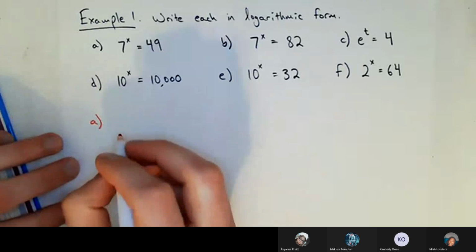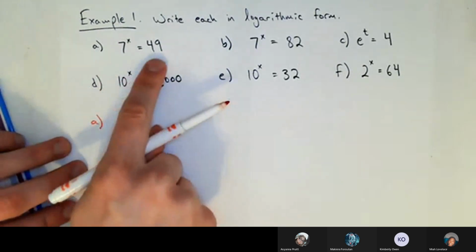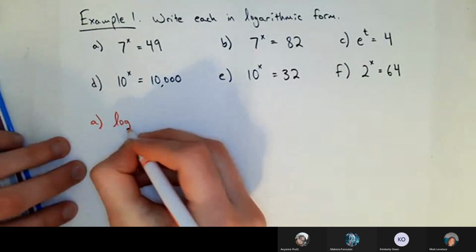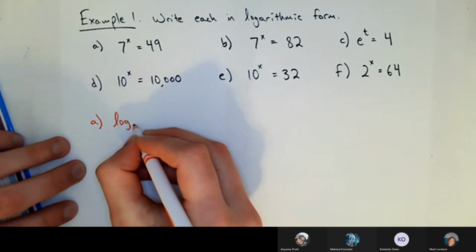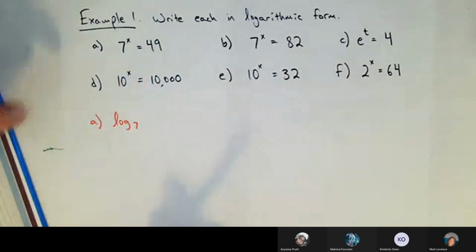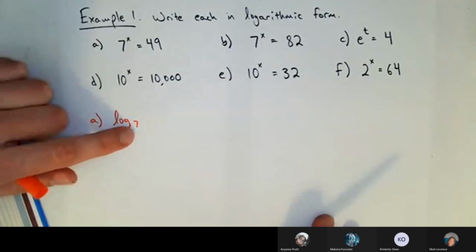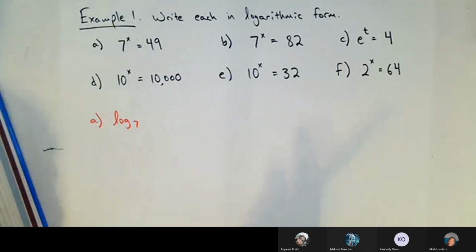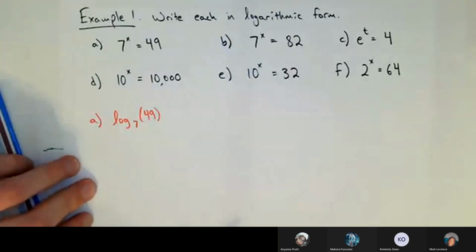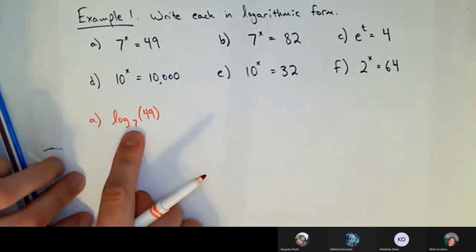So in the first case, 7 raised to the x equals 49 can be written as log base 7 of 49. The base always stays the same. The base of the exponential function, which is 7, will be the base of the logarithm. So to make it clear, the input of the log function is not the 7.